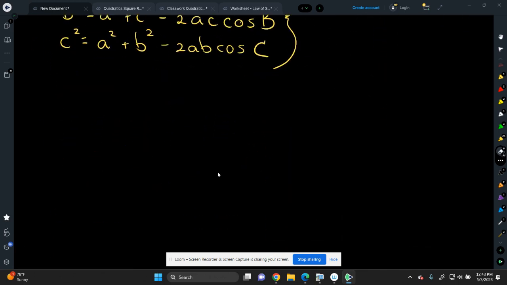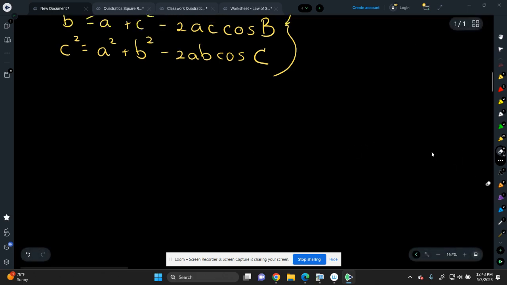You said that side, angle, side can be for cosine, but also when we did it for sine, we had two sides and an angle. Excellent question.